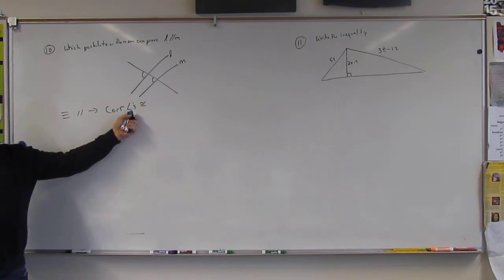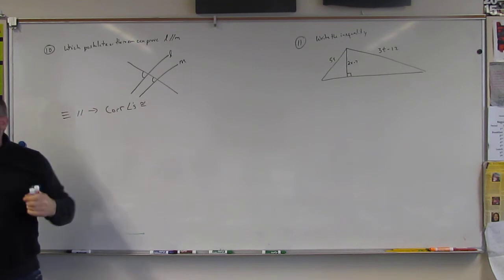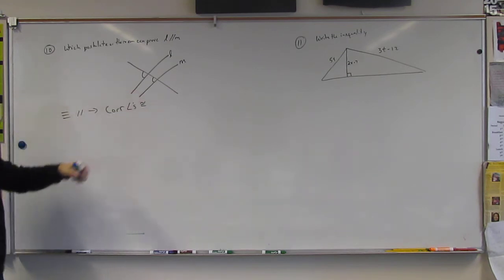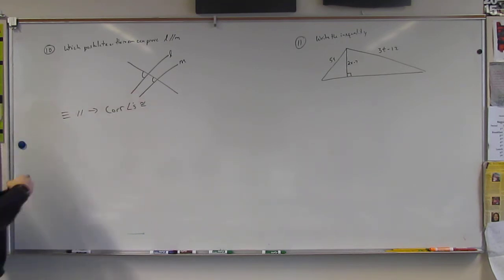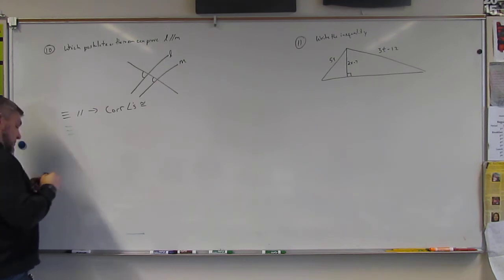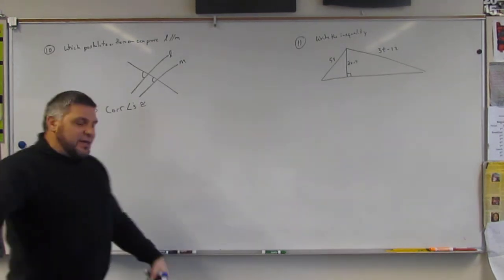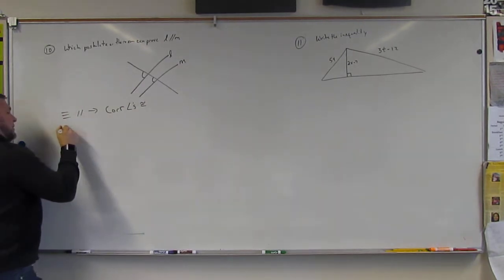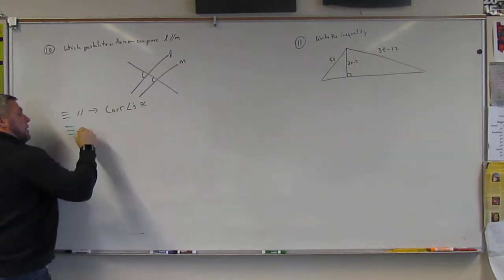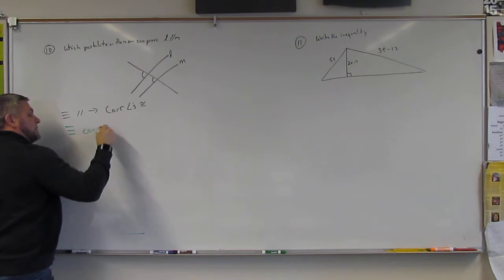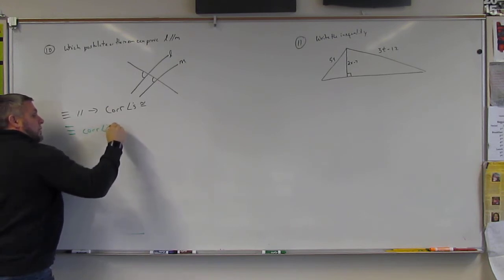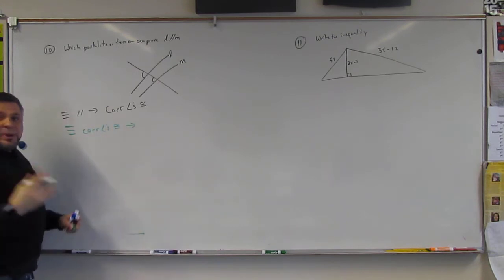The corresponding angles postulate, right? But that proves that they're congruent. What we're doing is saying, hey, if the corresponding angles are congruent, then they're parallel, right?